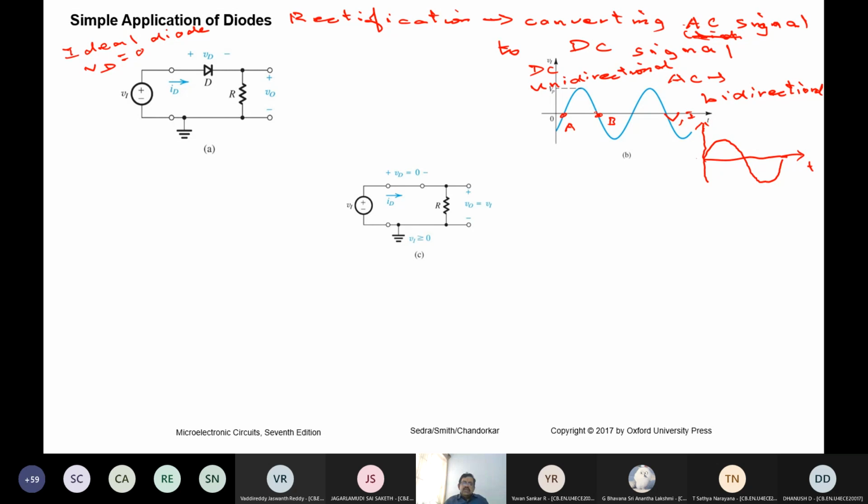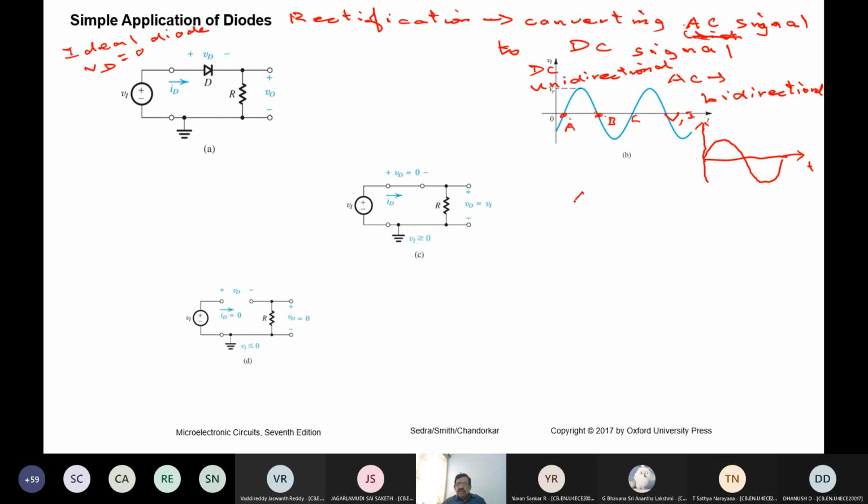Now when it is under forward bias, VD is 0, that's what is written here, and I will get a current. When it is under reverse bias, this part is going to be open, and therefore there won't be any current flowing through it. So we will get output between A and B, but between B and C there won't be any output across the resistor.